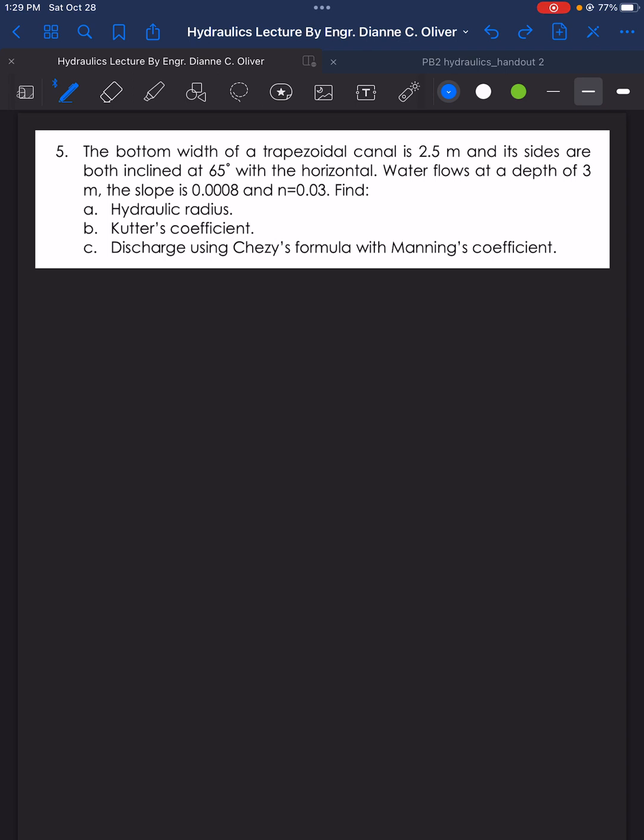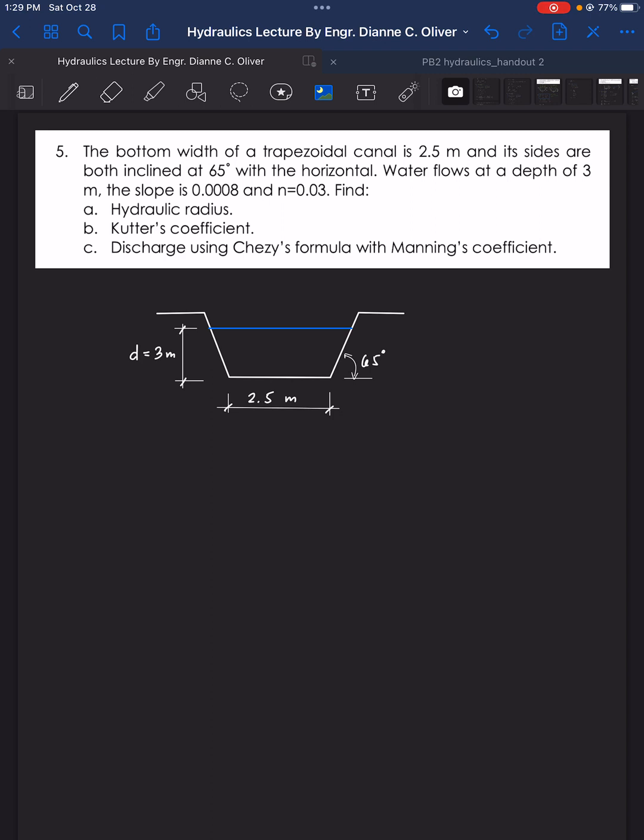So here we have the width of canal is equal to 2.5 meters, and the sides are both inclined at 65 degrees with the horizontal. So this is our trapezoidal canal. 2.5 meters for the bottom width, and the angle of inclination is 65 degrees with the horizontal.